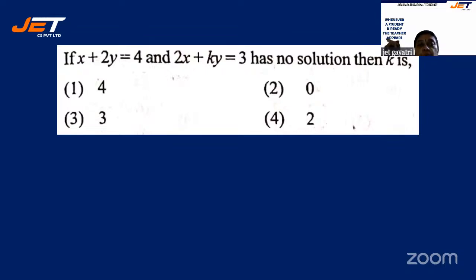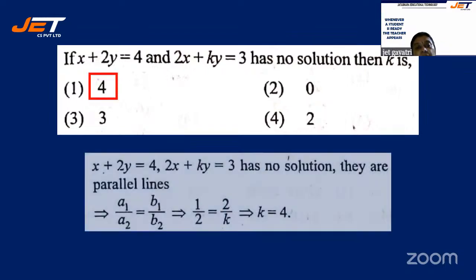If x plus 2y is equal to 4 and 2x plus ky is equal to 3, it has no solution, then what is k? Right? So let's see here. x plus 2y is equal to 4. 2x plus ky is equal to 3. It has no solution. They are parallel lines.